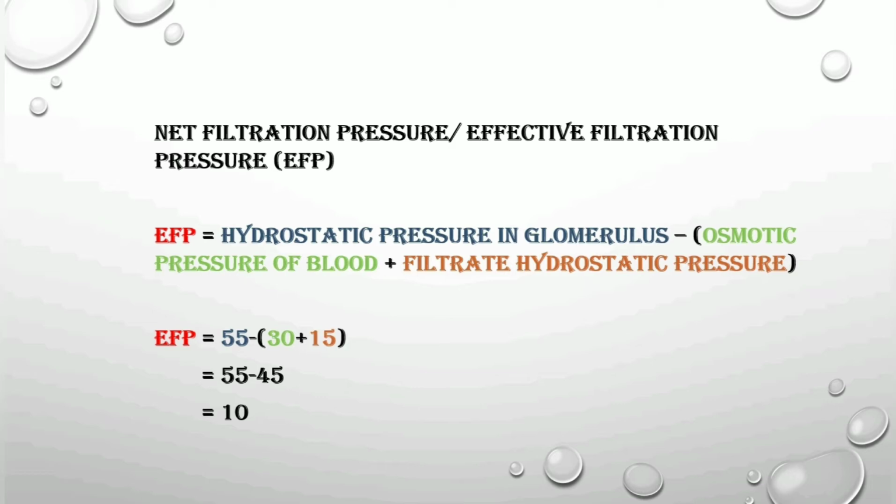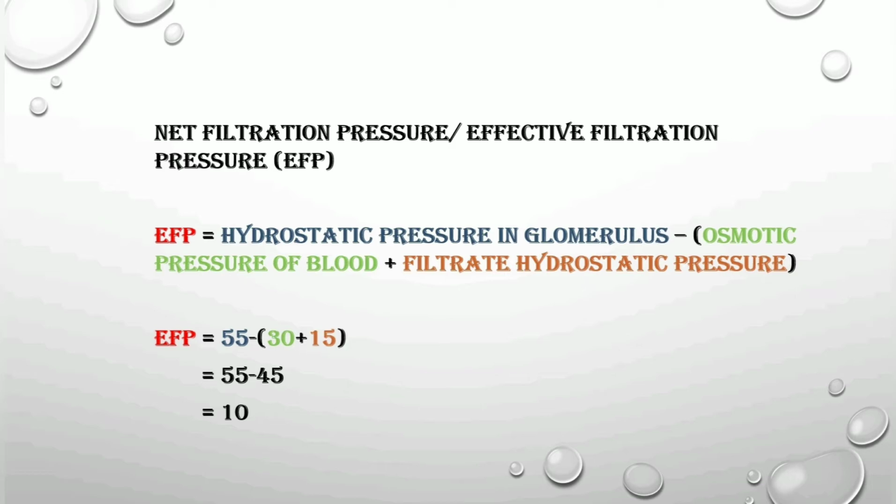Now I told you hydrostatic pressure is near about 55 mm of mercury. Osmotic pressure of blood is near about 30 mm of mercury, and filtrate hydrostatic pressure, that is capsular pressure, is near about 15 mm of mercury.